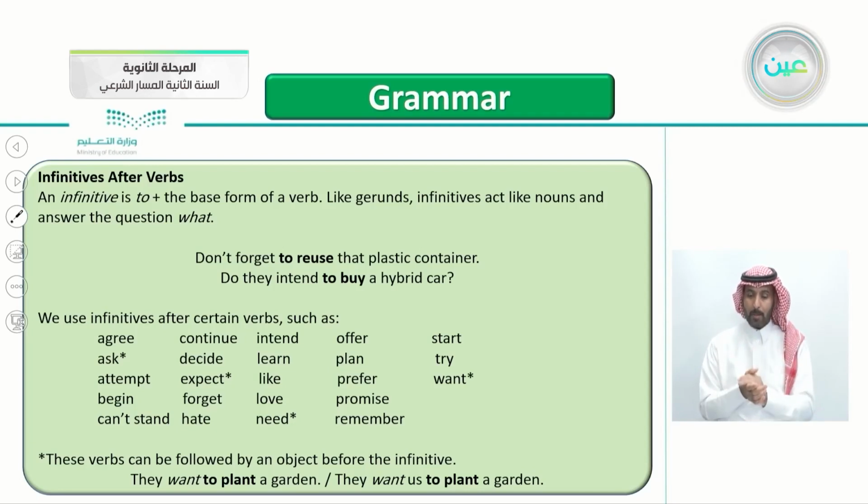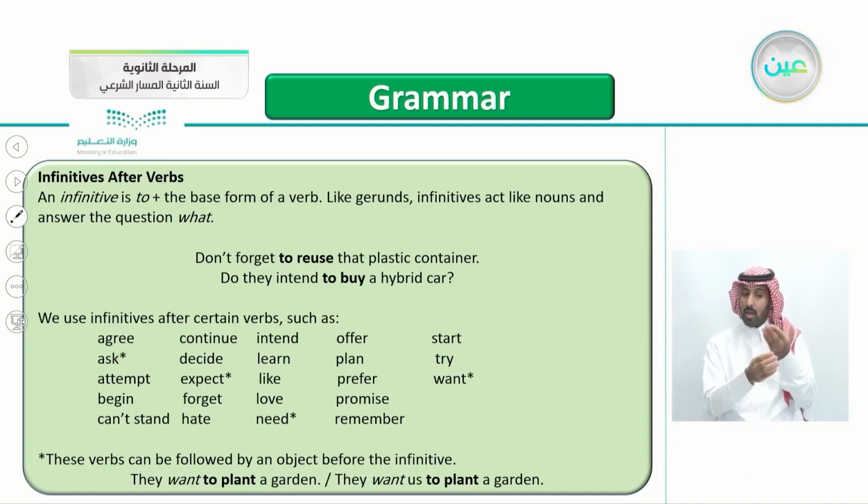Of course, you can notice that some verbs here are also in the gerund list, so you can choose, for example like, love, hate, intend, and so on. Some verbs are shared between the gerunds and the infinitives. And these marks, the stars, show verbs that can be followed by an object before the infinitive.